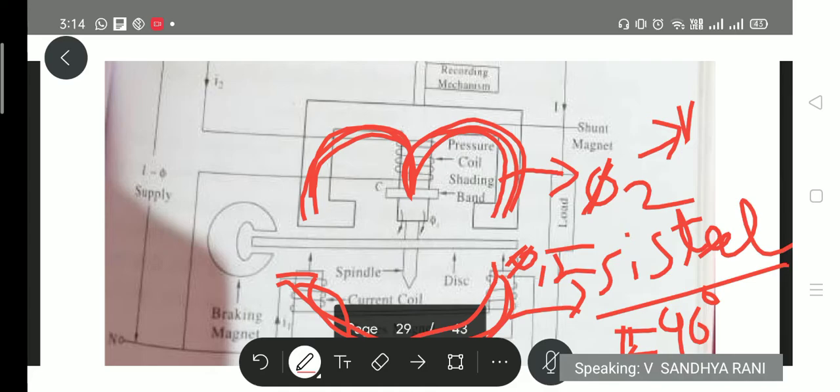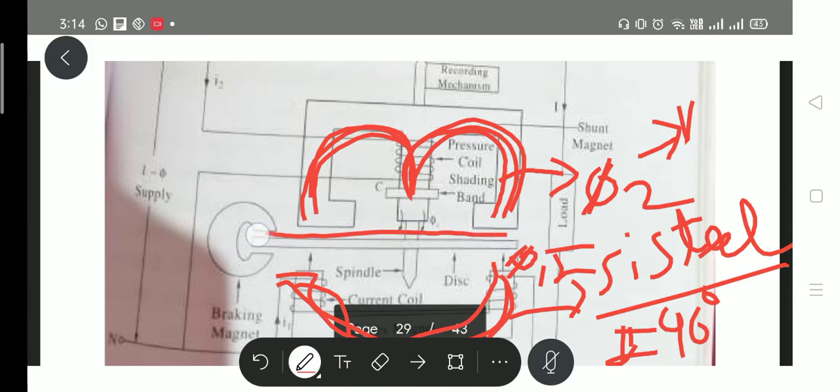The first part is over. Next, going to the second, the moving system. What is the moving system? Here the moving system is this disc. Here we have connected an aluminum disc, mounted between these two magnets.